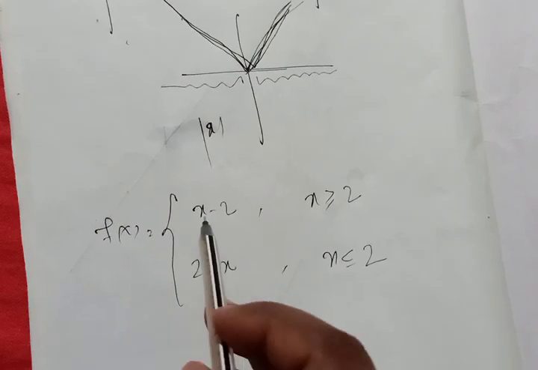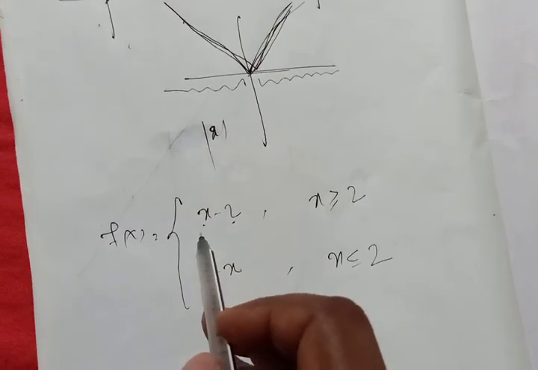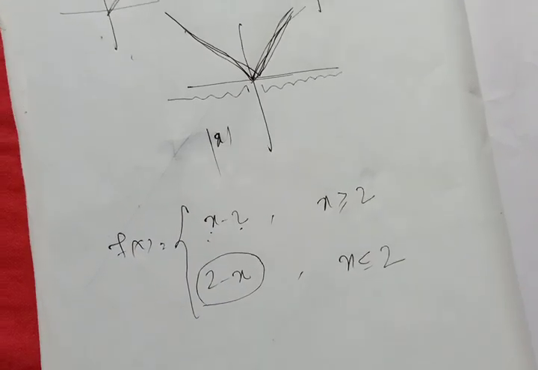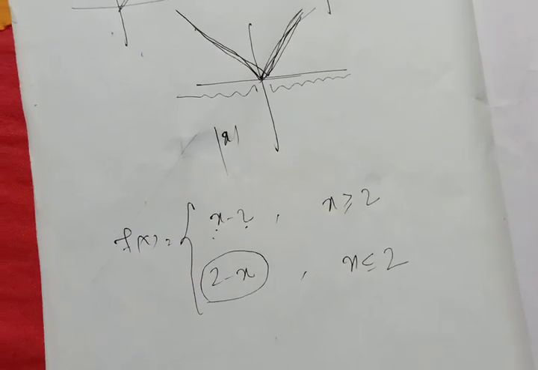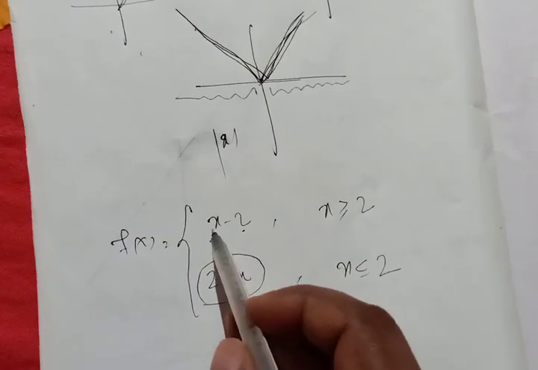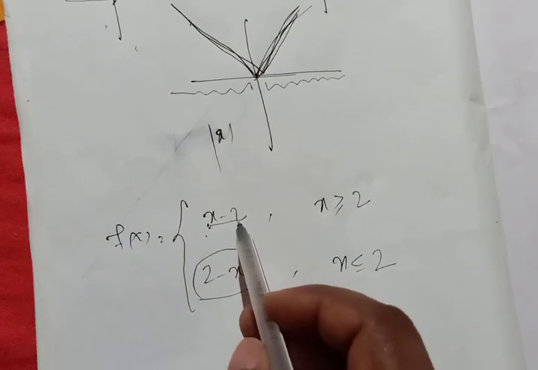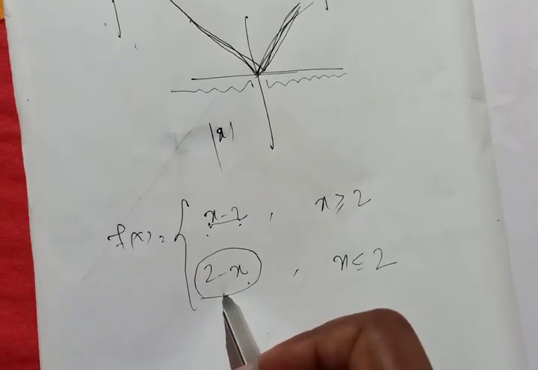Here we have f(x) equal to x minus 2, with positive slope 1, and here it is minus x plus 2, or 2 minus x. Here the slope is 1, and here the slope is minus 1. Here the straight line will make an angle of 45 degrees to the x-axis, and here an angle of 135 degrees.